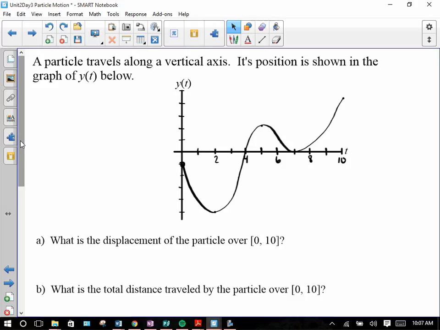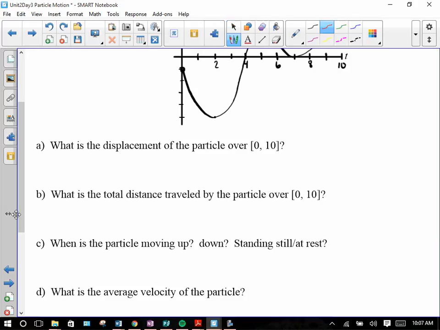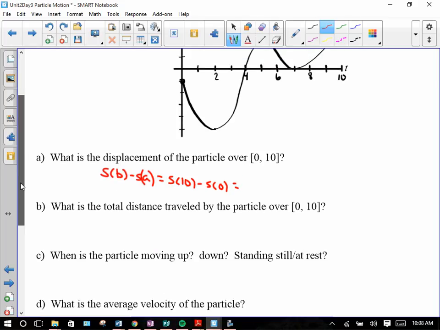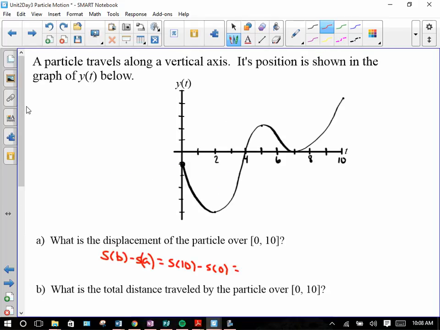The equation for displacement is what? S of B minus S of A, where B is your final time, A is your initial time. So it says over 0 to 10, so we're finding S of 10 minus S of 0. S of 10 we have to look at. Well, do this.